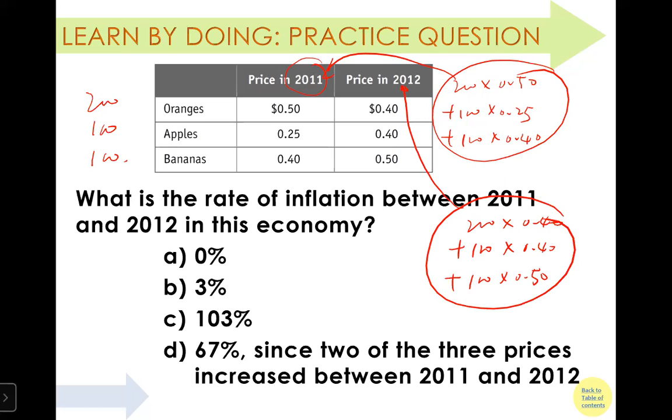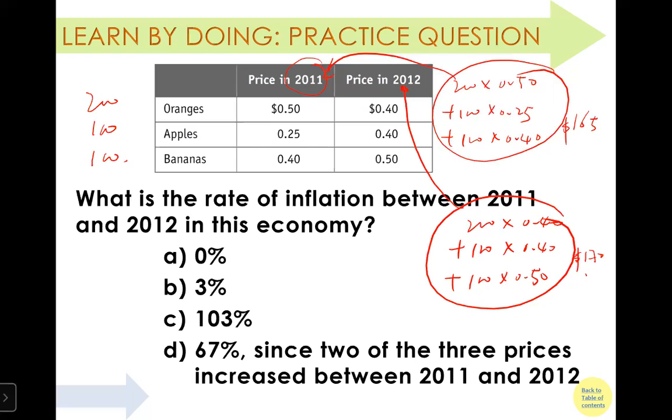So the 2011 cost is 100, 125, 165, and the 2012 cost is 80, 80, 120, which is 170. So this is the cost.